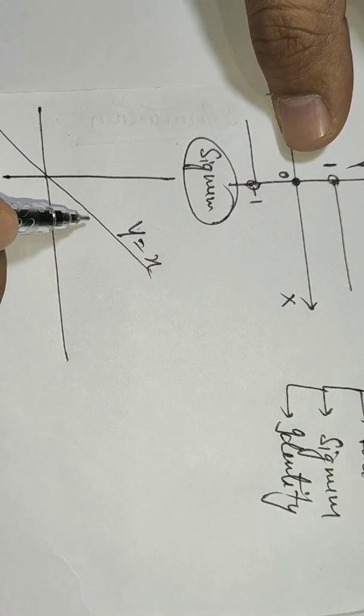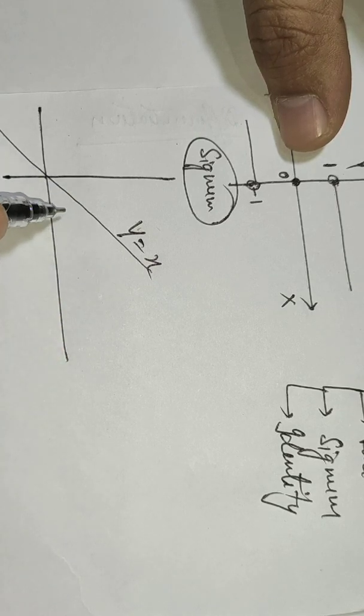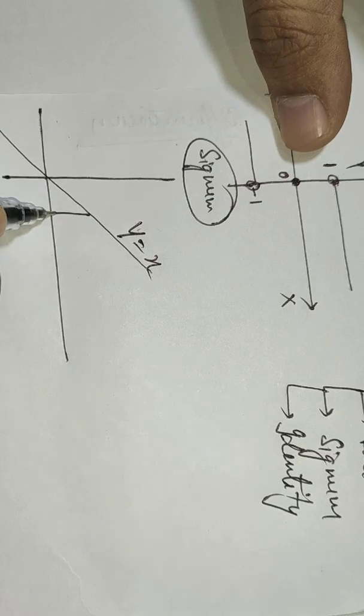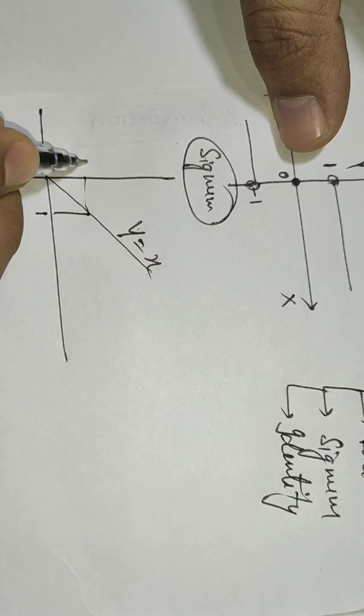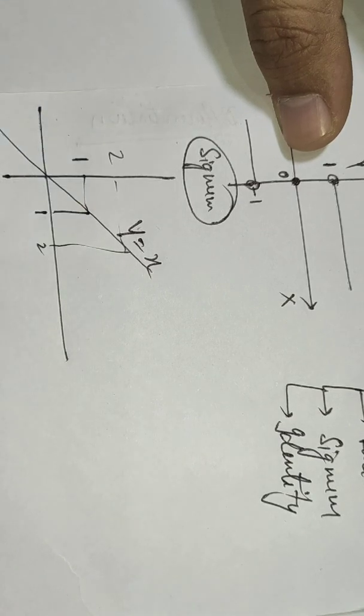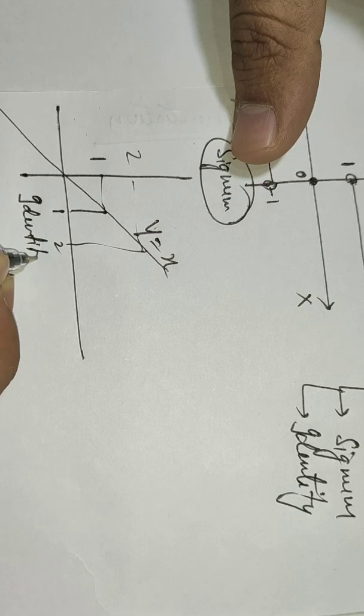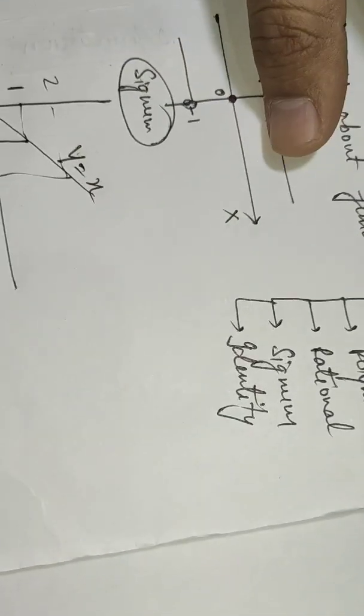Because what you give in x you will get in y. This is like a mirror image. So if you give x equal to 1, you will get y equal to 1. Similarly 2, then 2. So this type of function is the identity function.